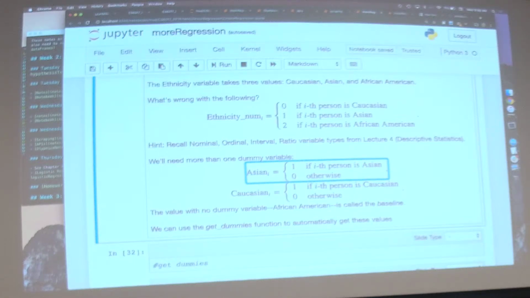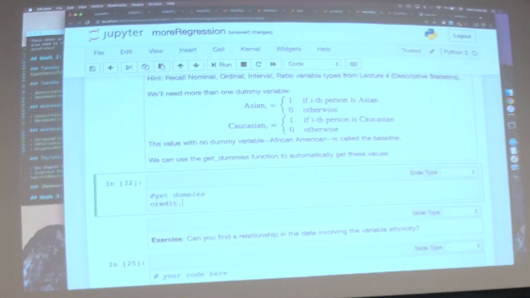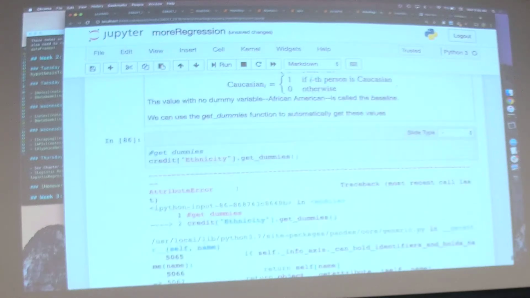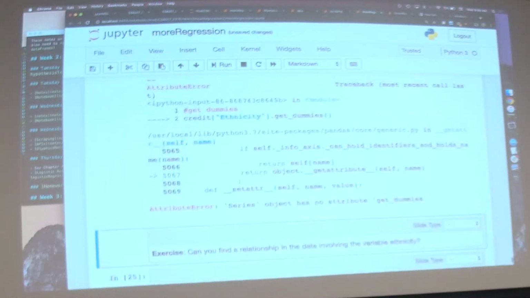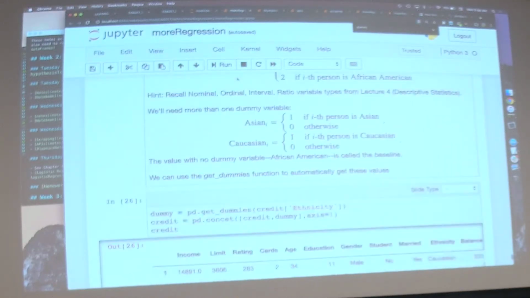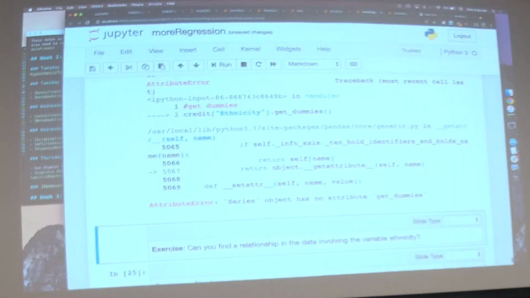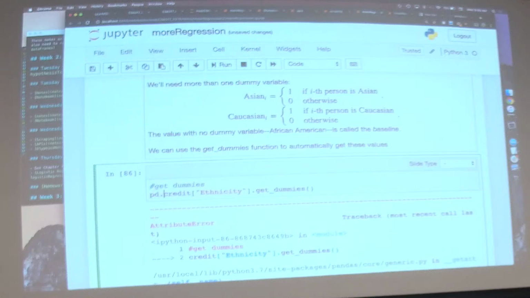The function that does that is get_dummies.